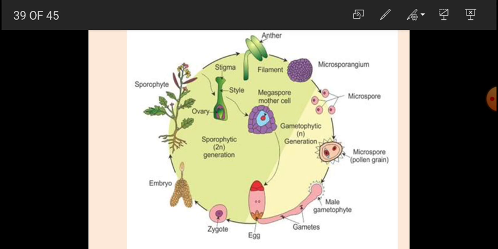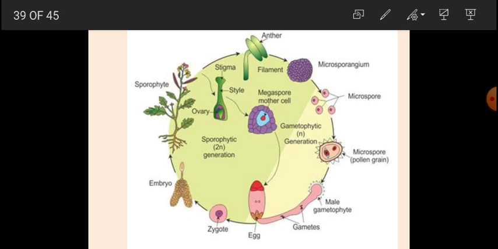Out of the 2 male gametes, one will enter the embryo sac and reach the egg. The male gamete fuses with the egg, that is, fertilization takes place.